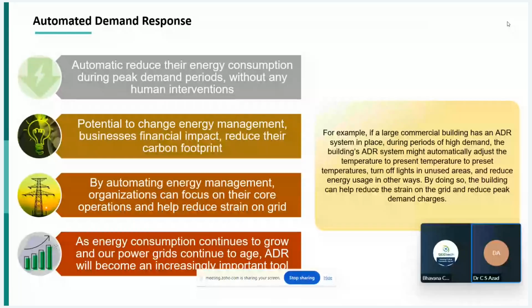For example, your air conditioners, your washing machines, and other things may be controlled by the discoms, which automatically control the peak load. And this has the potential to change your energy management, business financial impact, and reduce the carbon footprint. So this is all about the automated demand response.